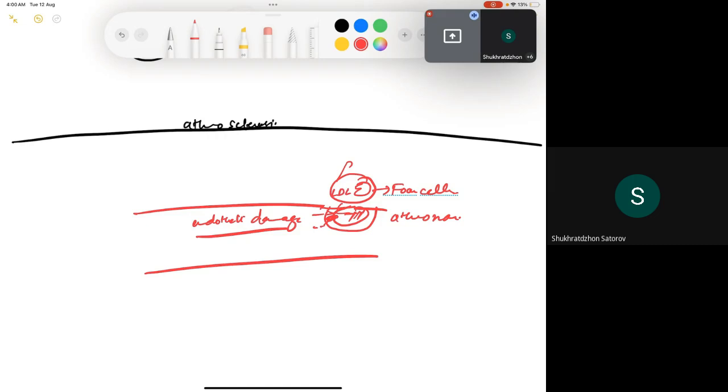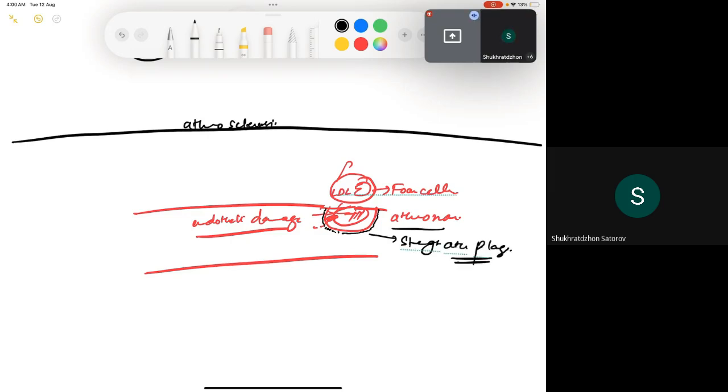As this atheroma grows, on top of the atheroma we are going to have a small layer of smooth muscle, which is going to strengthen the integrity of the atheroma. So it's going to strengthen the atheromatous cap, right?